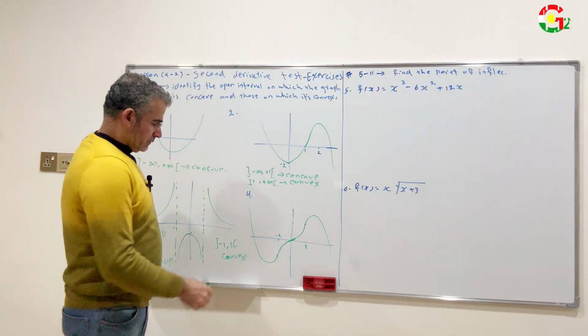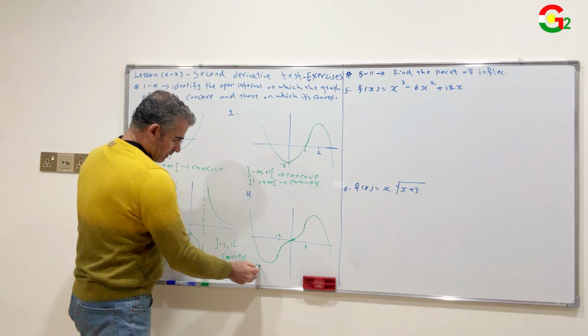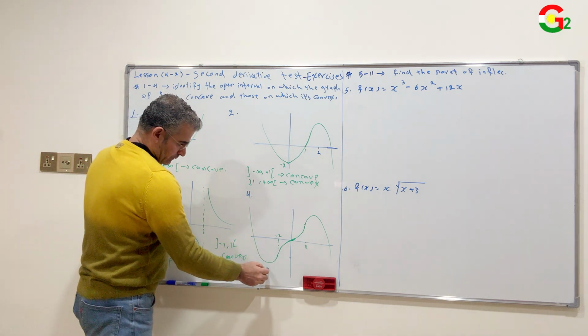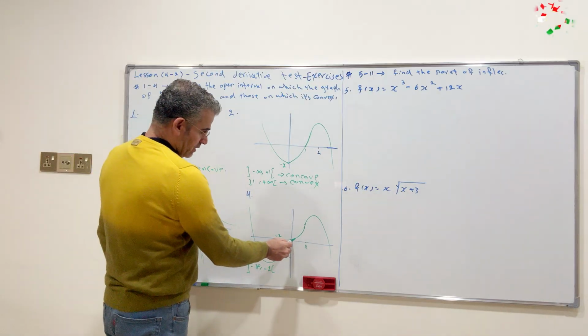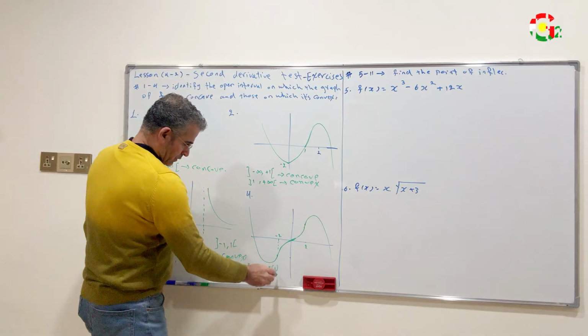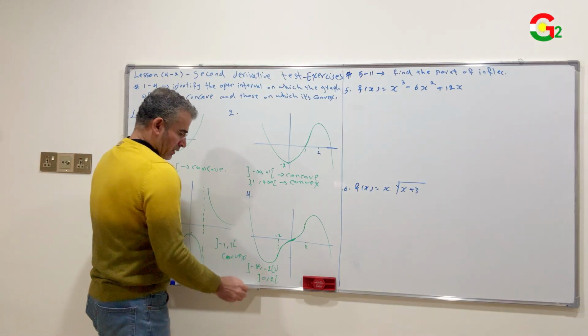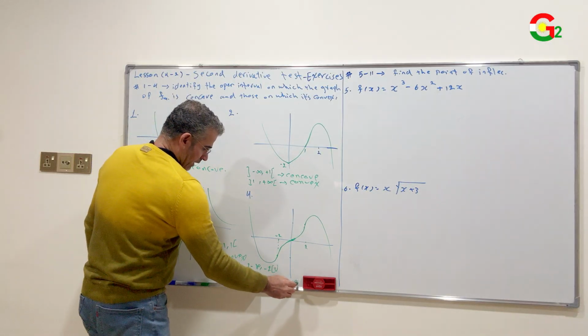Question number 4, the function is concave from negative infinity to negative 2, and from 0 to 2, union from 0 to 2. This is the intervals of concave.